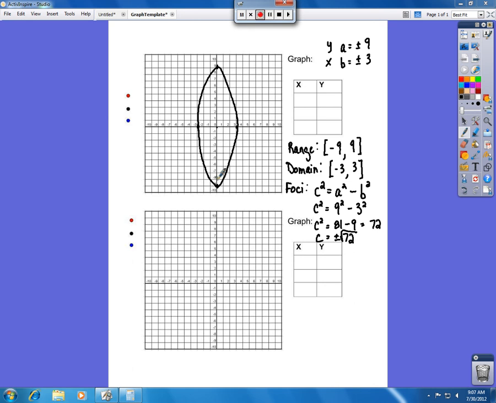Since for this problem we're starting at 0, 0, plus or minus the square root of 72, that's roughly right here, and roughly right here. So nearly at the endpoints. I would accept something like this, just identifying the C value. You don't necessarily need to graph it on your graph for the homework problem. Please let me know if you have any questions.